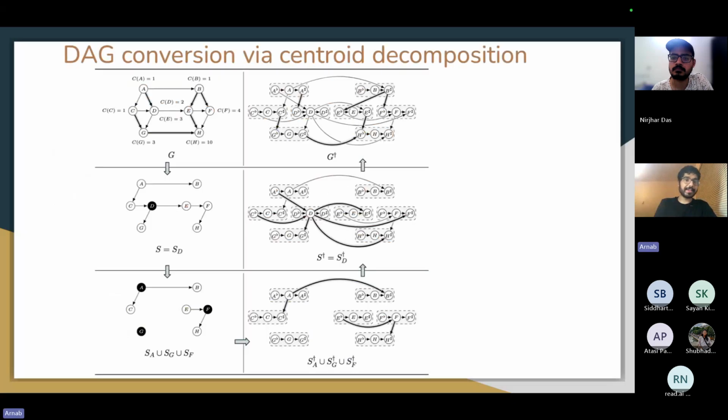Maybe I'll just give a very high level view. It's a slightly complicated procedure, so I did not dive deep into this because my focus was to keep it mainly around the learning theory talk rather than a graph theory talk. But roughly speaking, we are doing some decomposition based on the centroid decomposition.